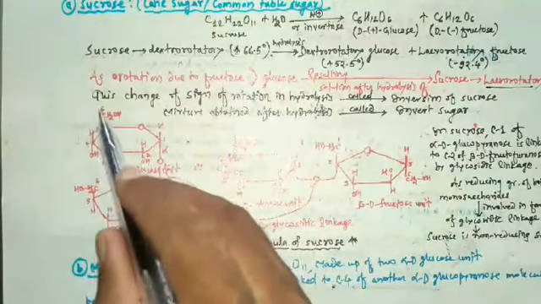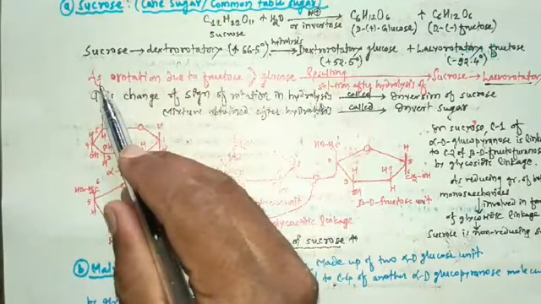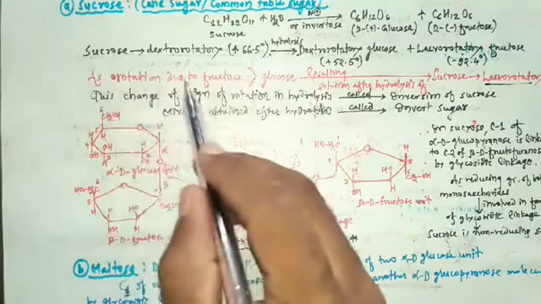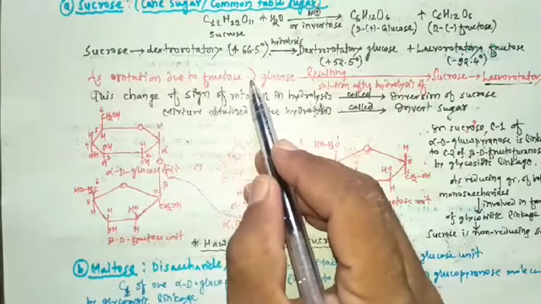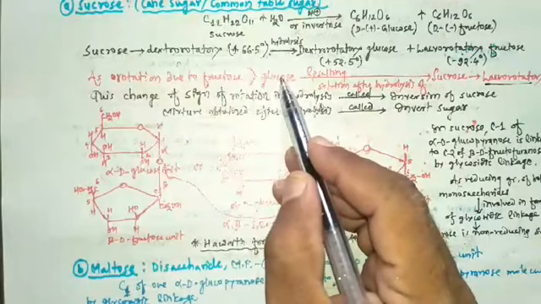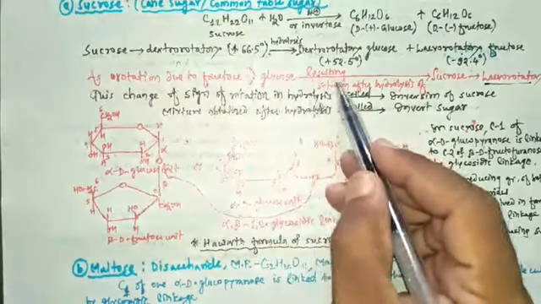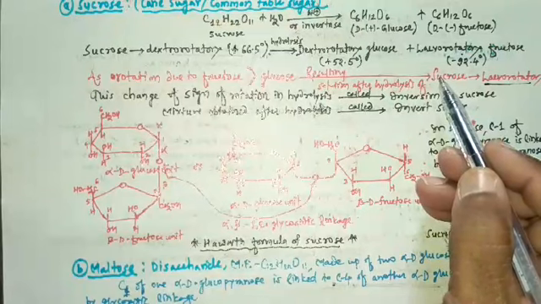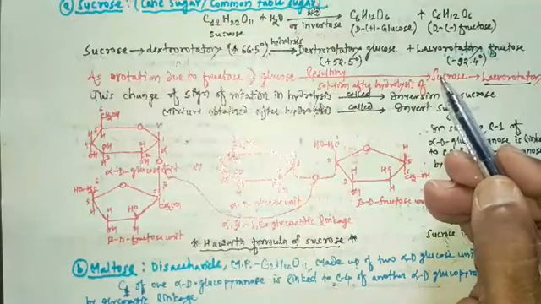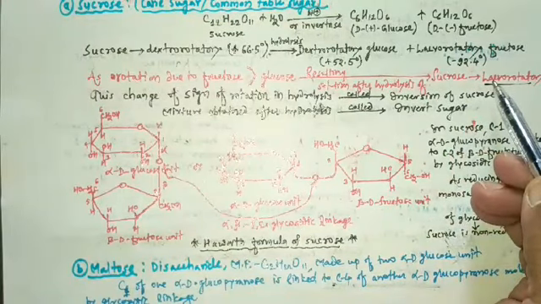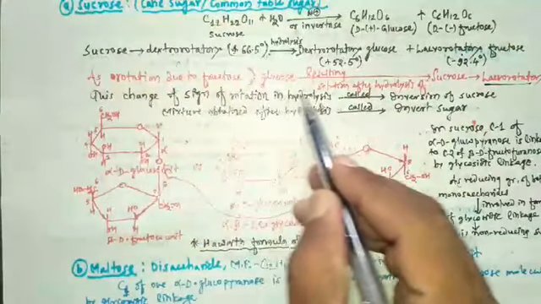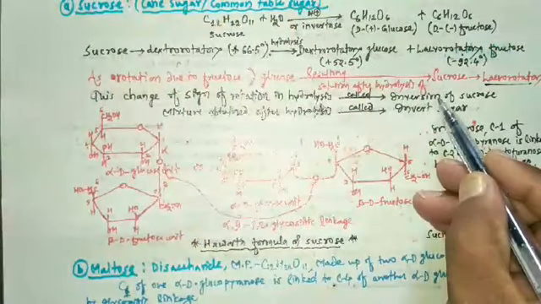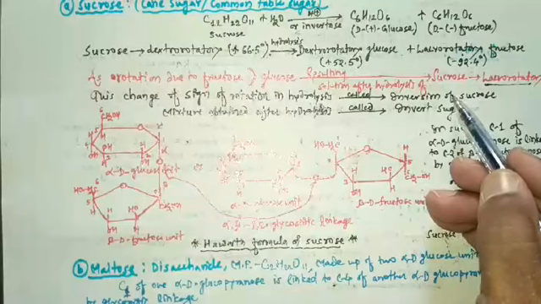Once again, as the rotation due to fructose is greater than glucose, the resulting solution after hydrolysis of sucrose is levorotatory. So this change of sign of rotation in hydrolysis is called inversion of sucrose.